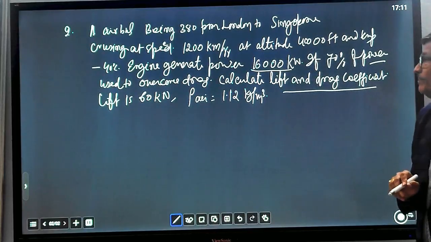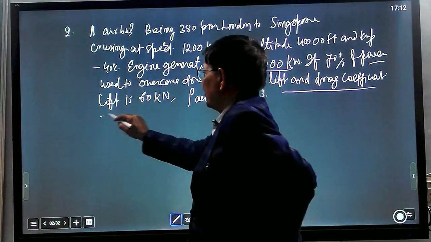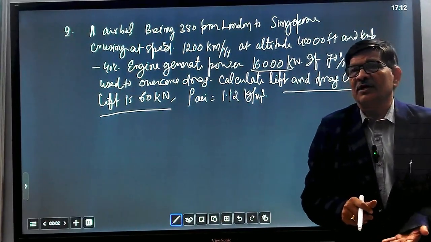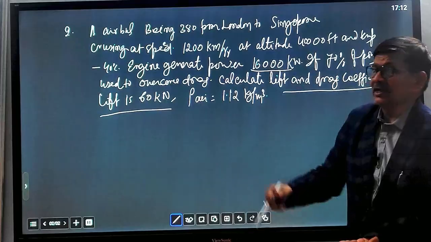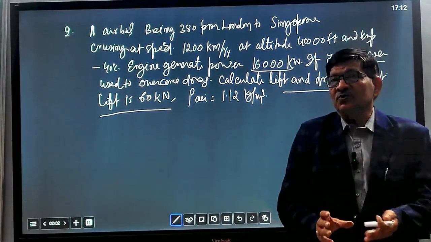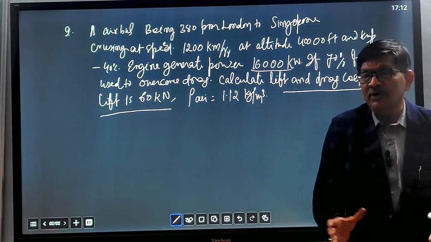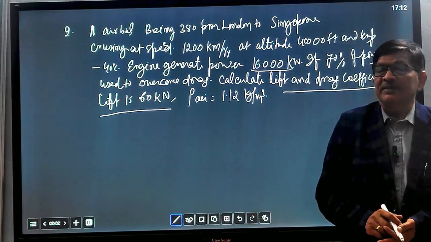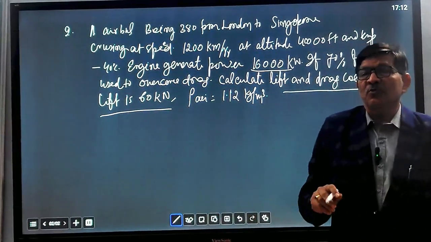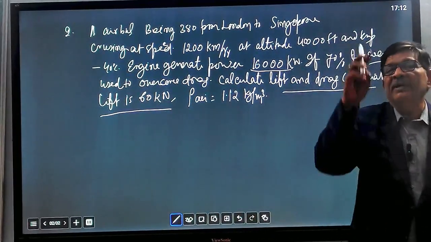drag coefficient. And the total lift means the total load, including passenger load and luggage load, has to be taken up, because when a plane takes off, it has to bear the whole load of the plane including passengers, and this is given as 50 kilonewton. So 50,000 Newton force has to be lifted by the plane.